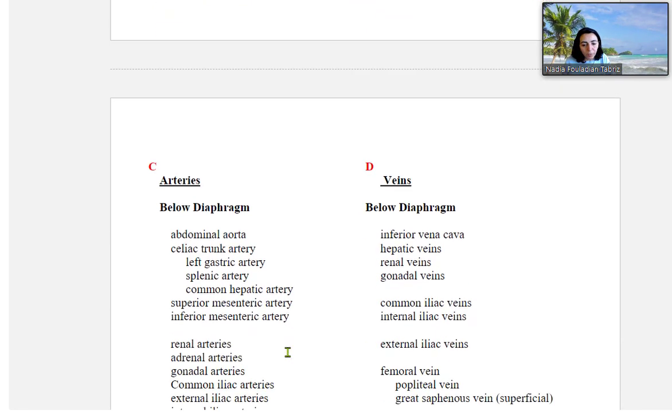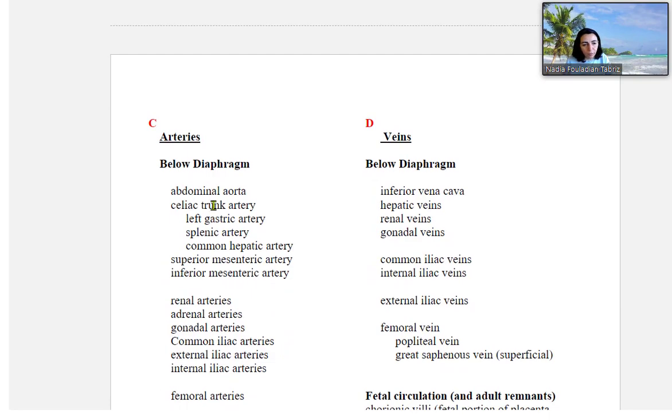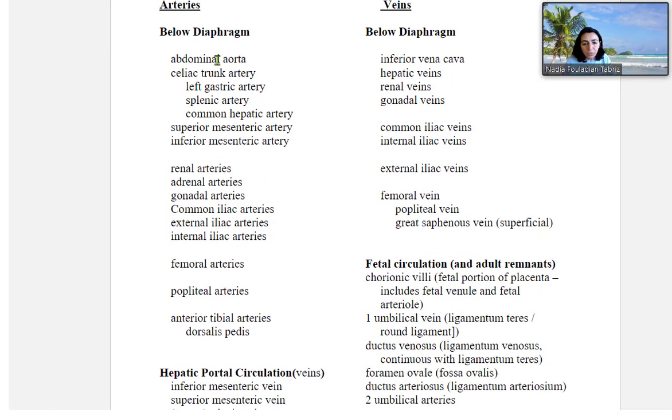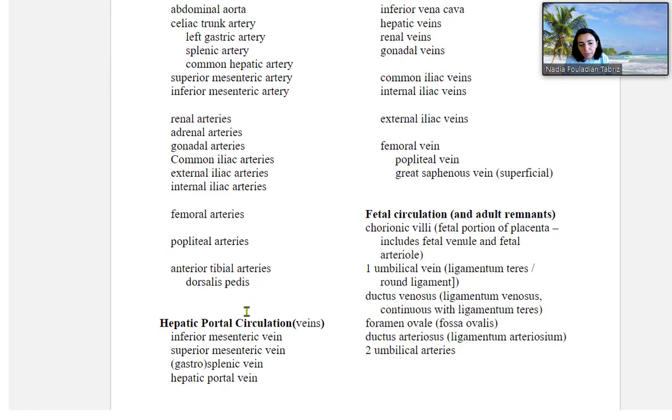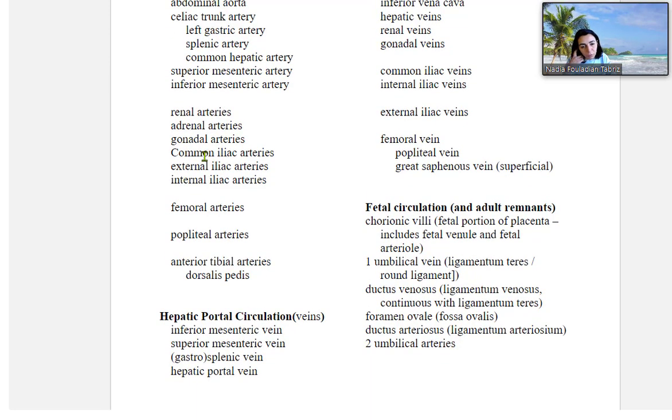Then we go to the below diaphragm, right? So below diaphragm, when we go to the abdomen and then all the way down, we have arteries in this side, vein in this side. So as you see, we have the abdominal aorta and the branches, and then goes all the way when it goes to the common iliac and all those other things.